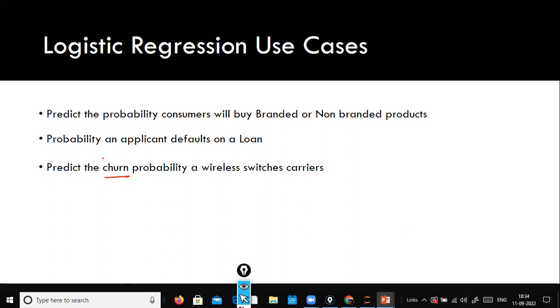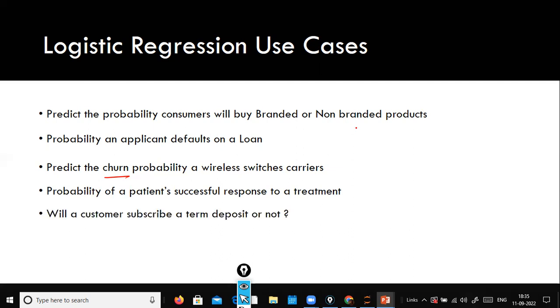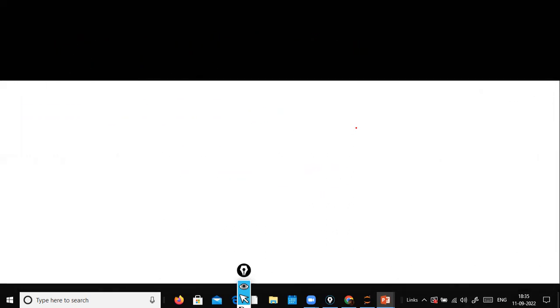Also the probability consumers will buy branded or non-branded products. The next one is the probability of a patient's successful response to a treatment, and the probability that customers can develop a heart attack, and will a customer subscribe to a term deposit or not. So in these kinds of business situations, you can use logistic regression.